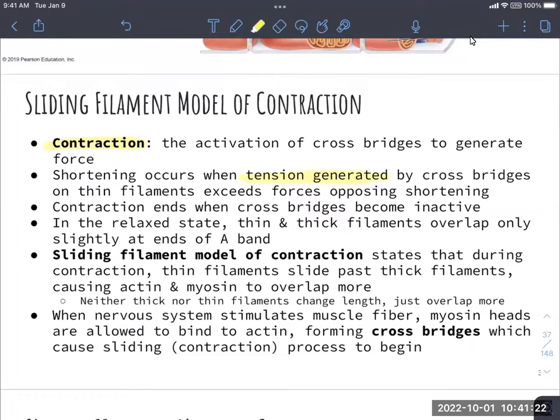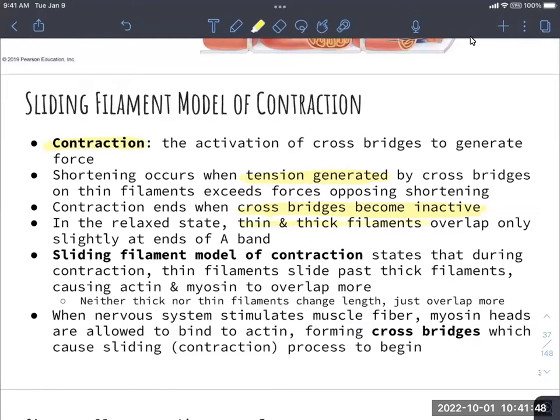When that contraction is done, those cross bridges become inactive. They won't bind anymore. So in a relaxed state, those actin and myosin filaments only overlap slightly at the end of those A bands because they need room to contract.